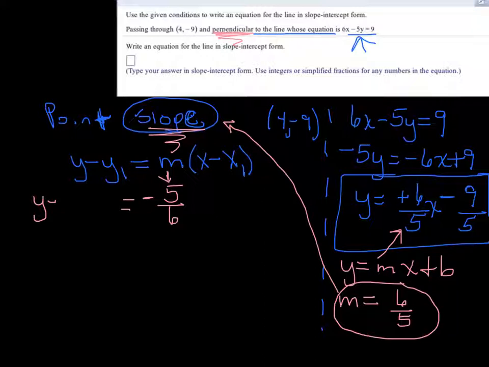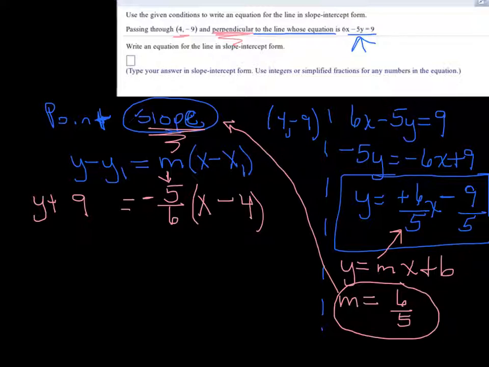Let's try that again. So we'll get y plus 9, right? Y minus a negative 9 gives us y plus 9 equals our slope, the perpendicular slope, negative 5/6, times x minus the x from the point, which was 4.